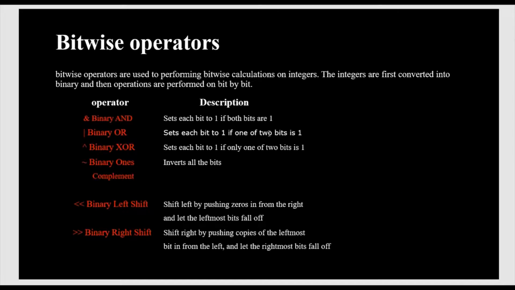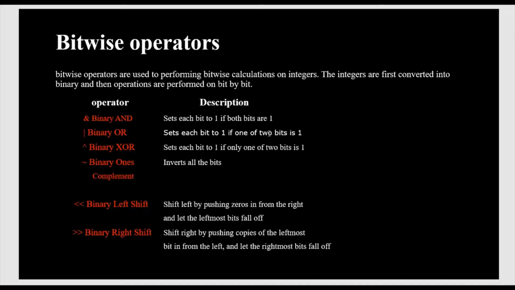And the last one is bitwise operators. Bitwise operators are used to perform bitwise calculations on integers. The integers are first converted into bits and the operators work bit by bit. So bitwise is simply something occurring internally, which we can't see.